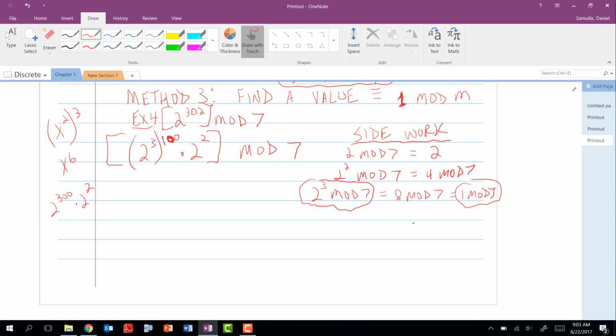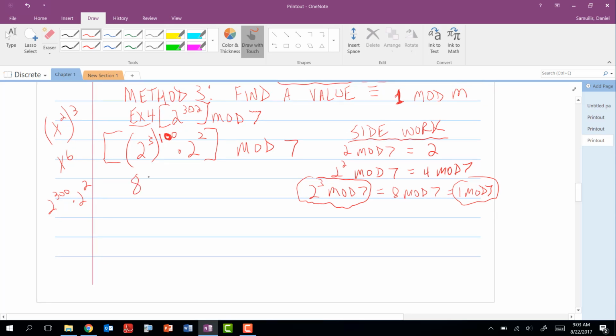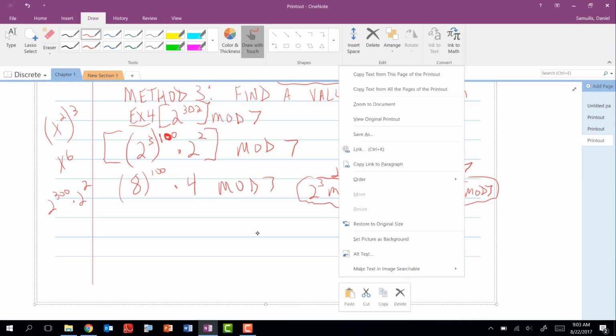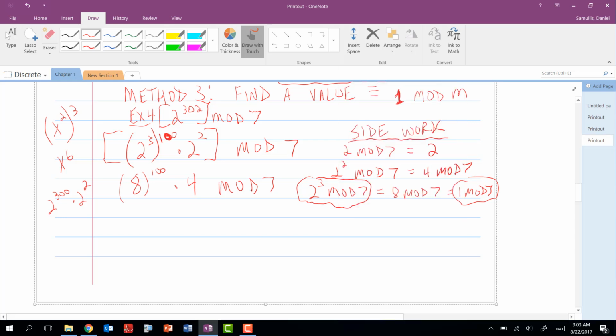So now that you know this is 8, and it's raised to the 100, not only can you mod 7 each part of the product, you could mod 7 the 8, reduce that answer, and then raise that answer to the 100th. That's another use of our rules. That's that exponent rule. So what is 8 mod 7? We already know that. What is 8 mod 7?